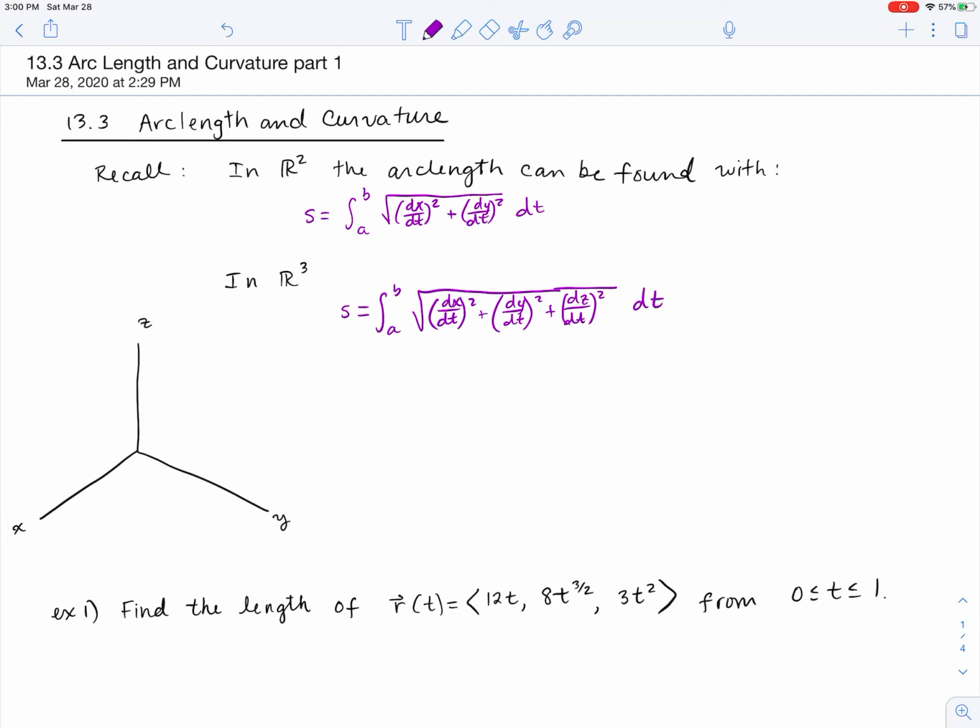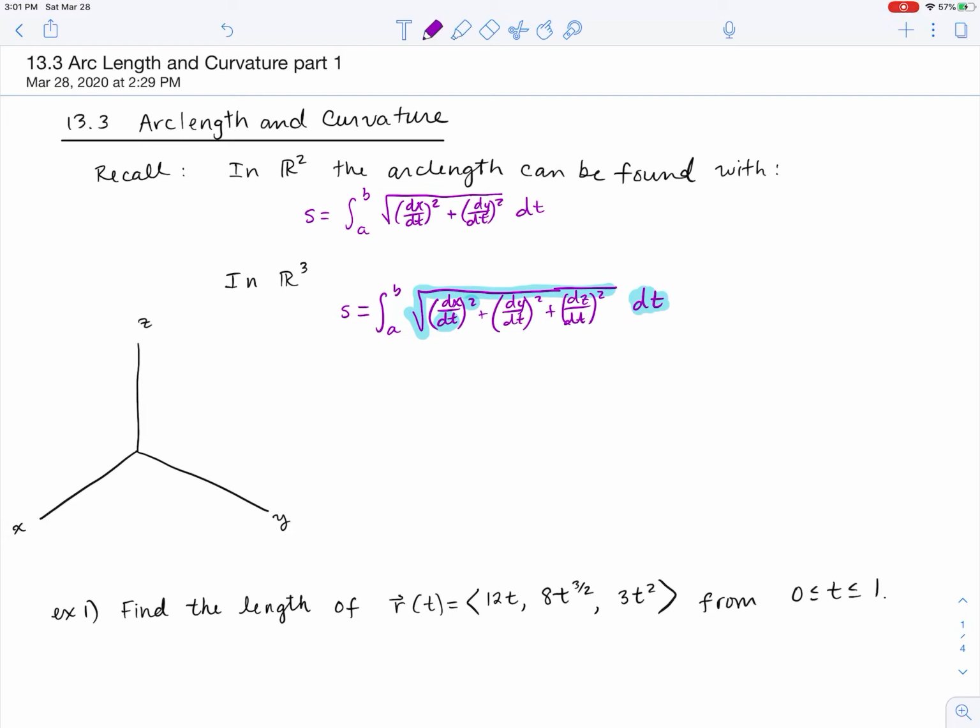Let's look at this a little bit. We're going to have this dt squared in the denominator. The square root will undo that, and then the dt outside will also cancel with the dt in the denominator. So you can see how the differentials work out here.